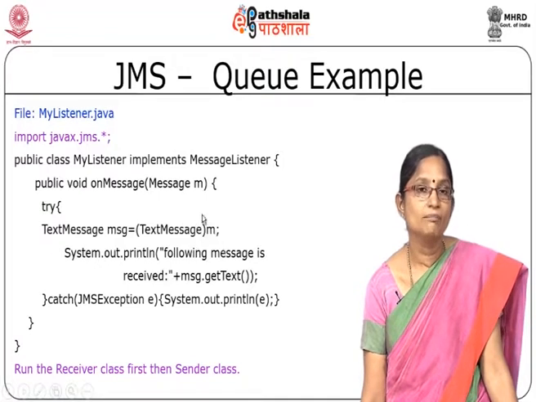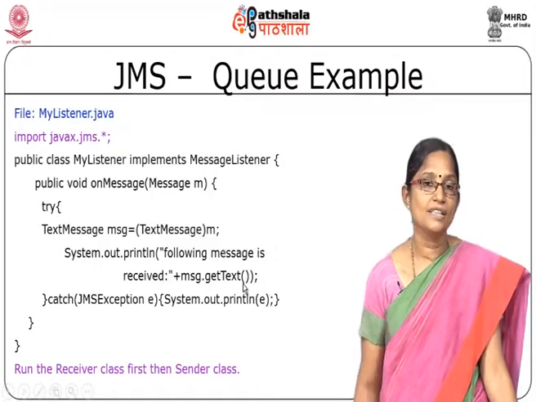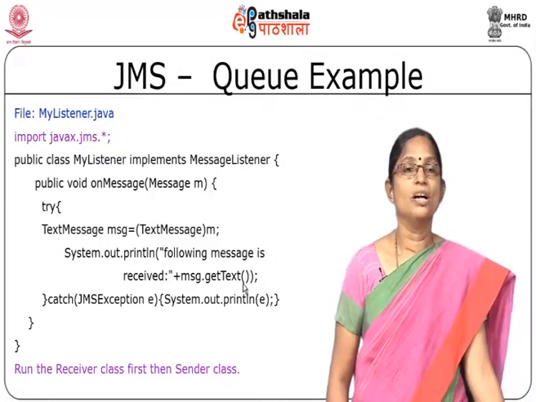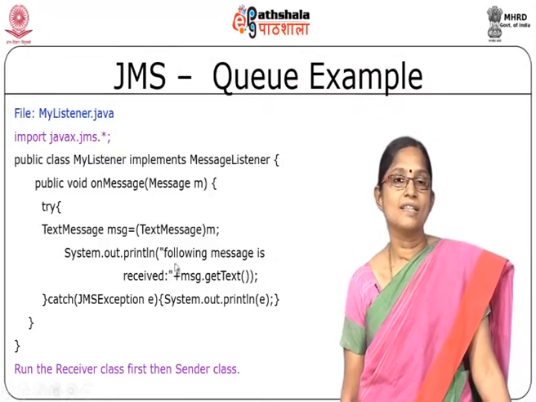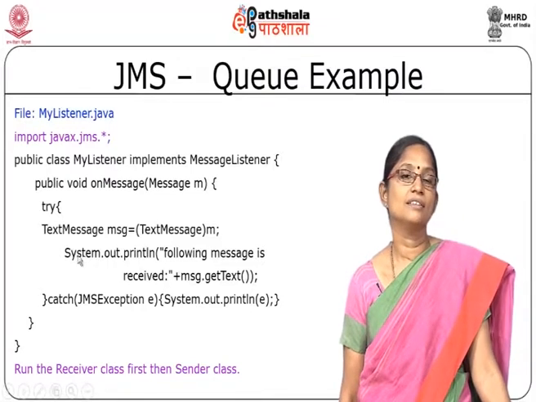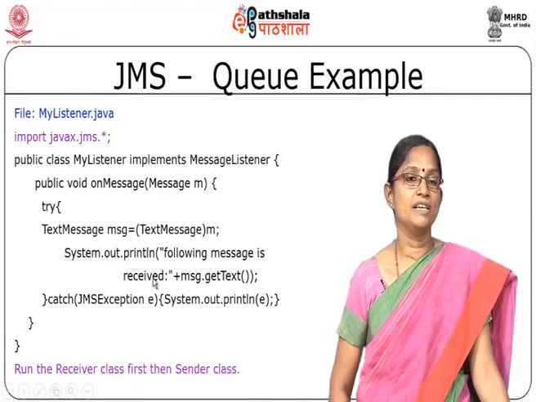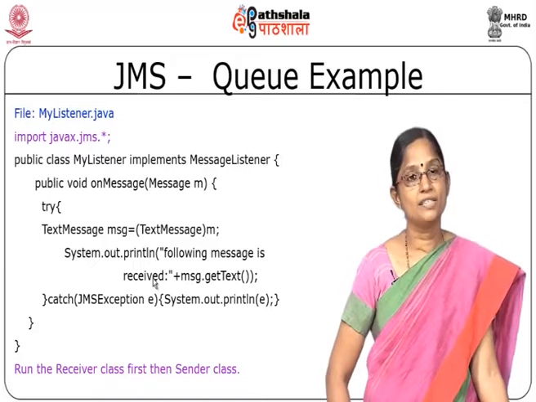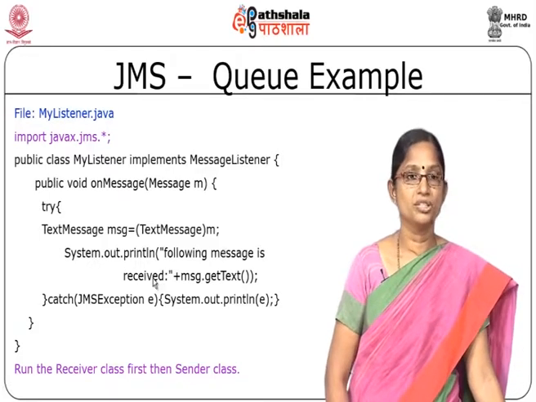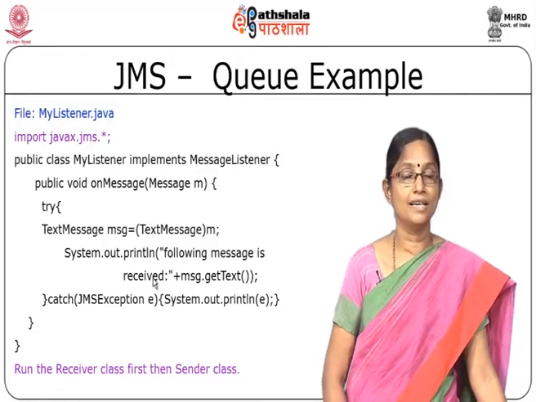There the m has been passed on to msg. From the msg we are getting the text, calling the getter method to extract its text. Once the text has been extracted, the text has been displayed. So in order to make this implementation into a runnable version, first we have to run the sender class.